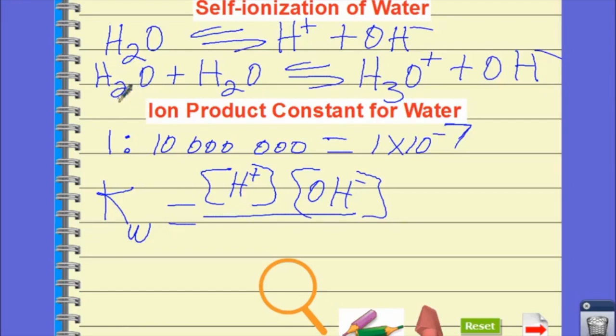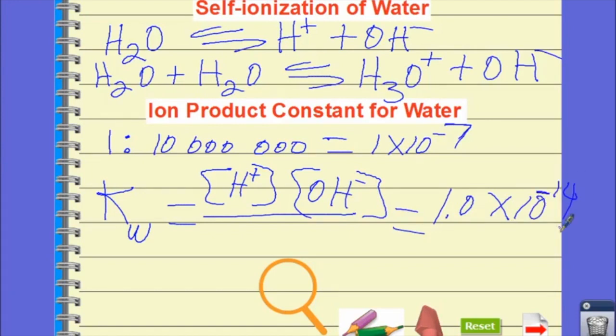So I need for you to make sure you write KW equal concentration of hydrogen ion times the concentration of hydroxide ion. And this is a constant at room temperature. That constant, if I tell you the concentration of hydrogen is 1 times 10 to the negative 7, hydroxide 1 times 10 to the negative 7 for a neutral solution, then that KW equal 1.0 times 10 to the negative 14.